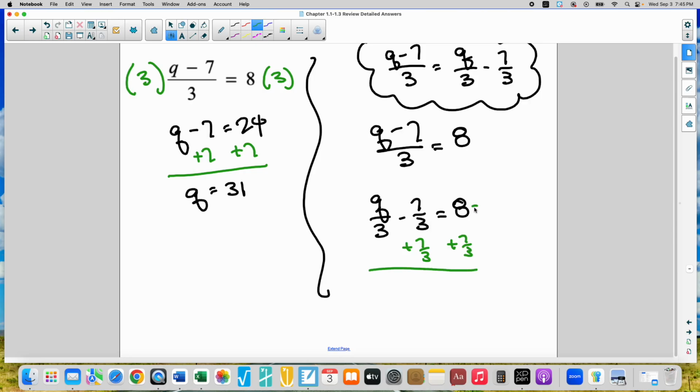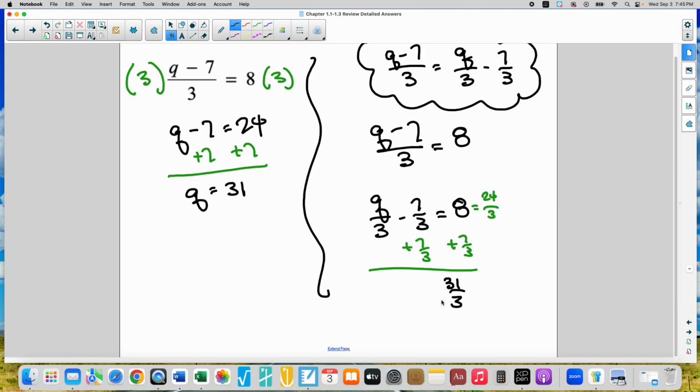Now, 8 equals how many thirds? 24. Very good. 3 times 8 is 24, so 24 thirds is equivalent to 8. And now we have 24 thirds plus 7 thirds because we need common denominators in order to add fractions. So this is going to give me 31 thirds.